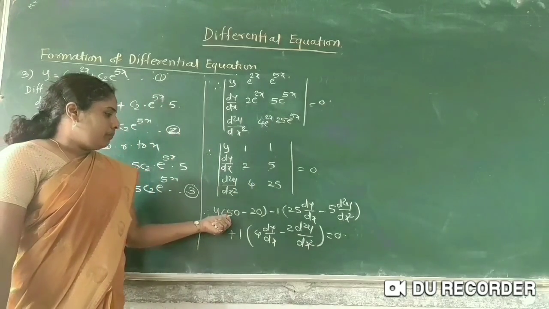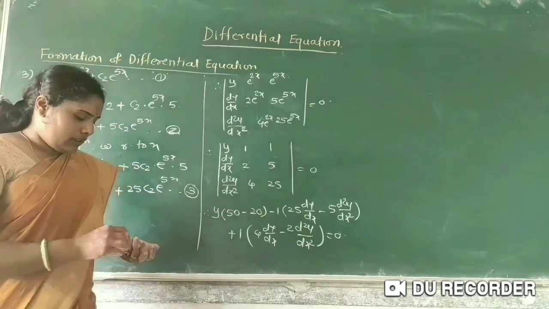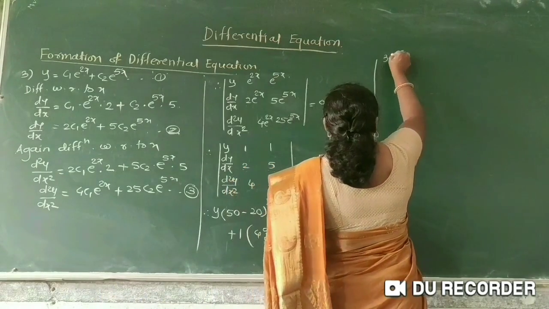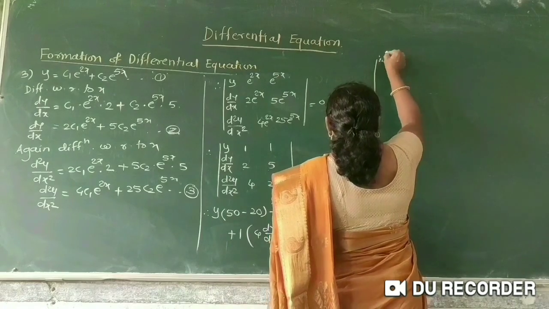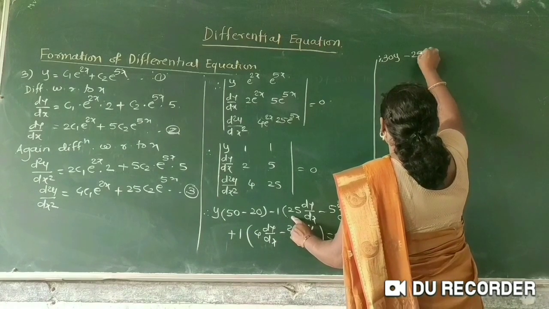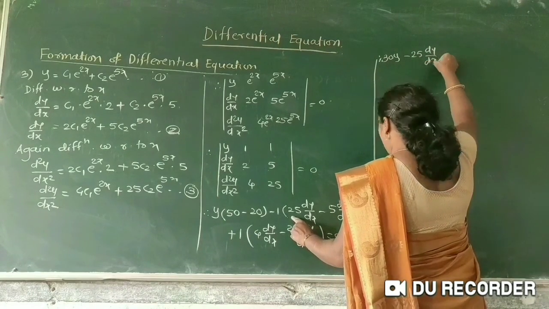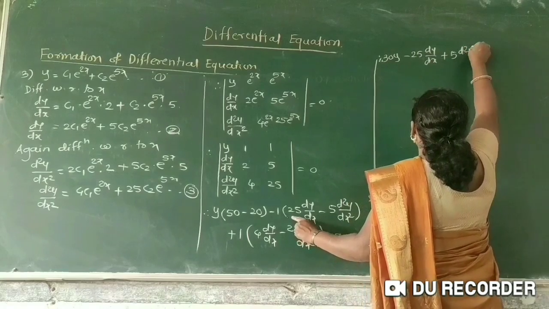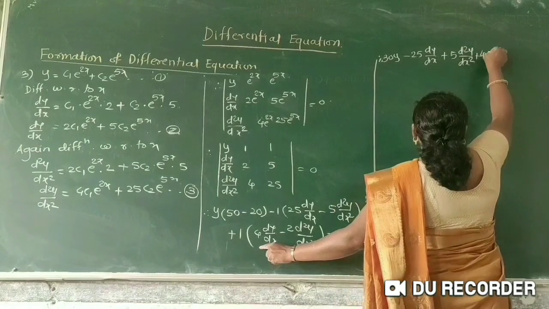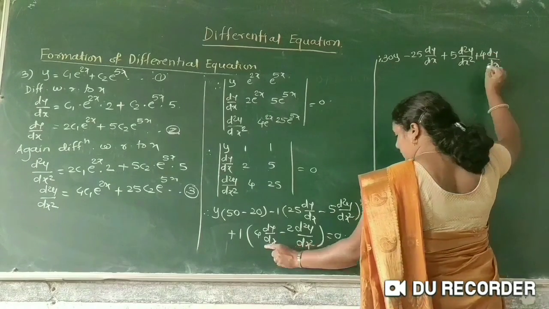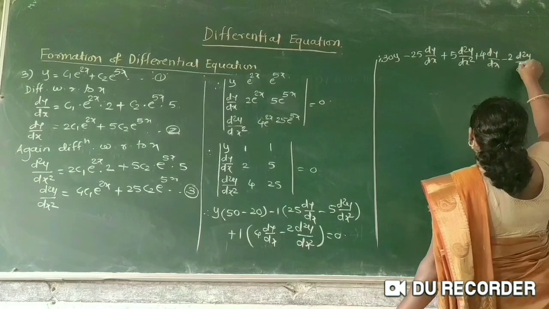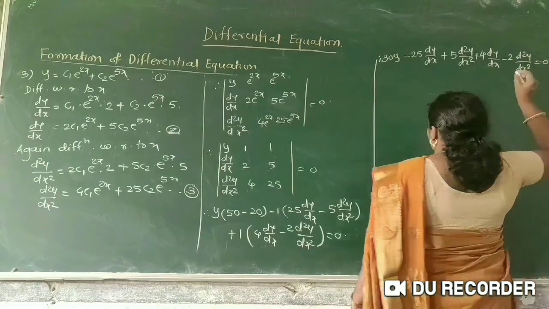Simplify this equation. 50 minus 20 is 30, 30y, minus 25 dy by dx plus 5 d2y by dx square plus 4 dy by dx minus 2 d2y by dx square is equal to 0.